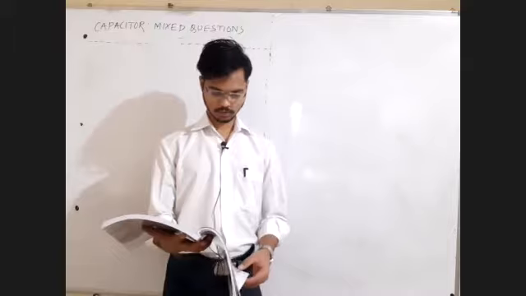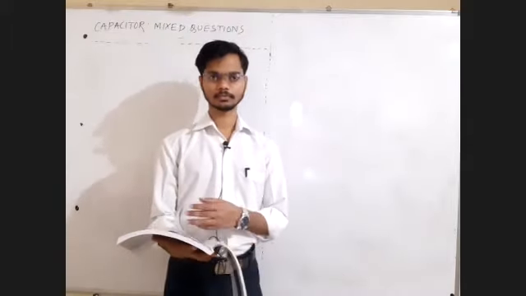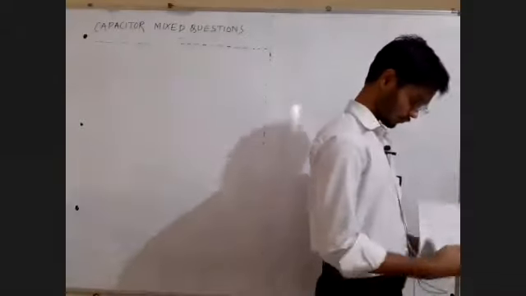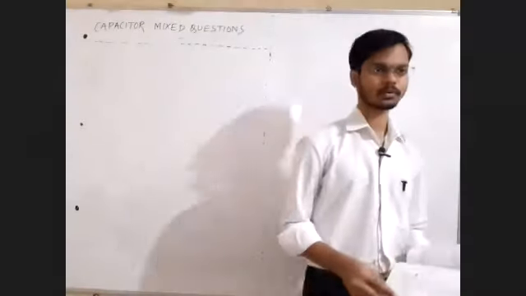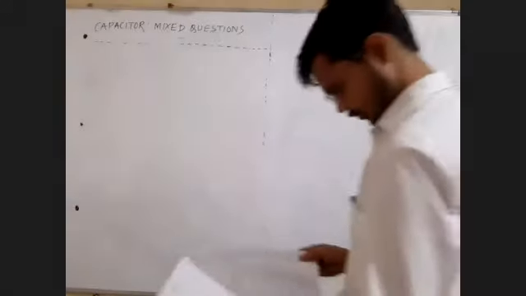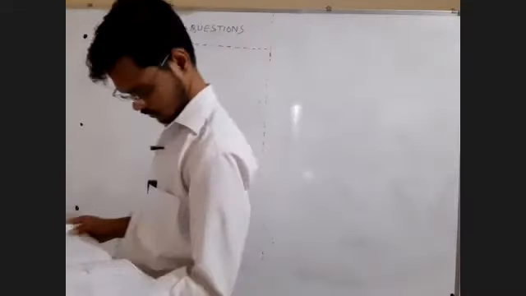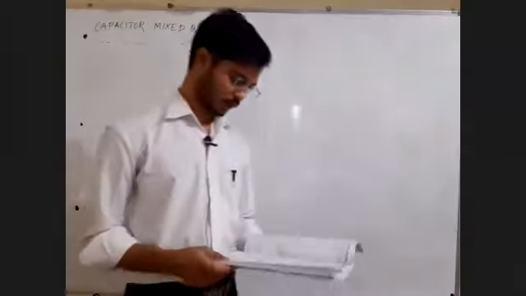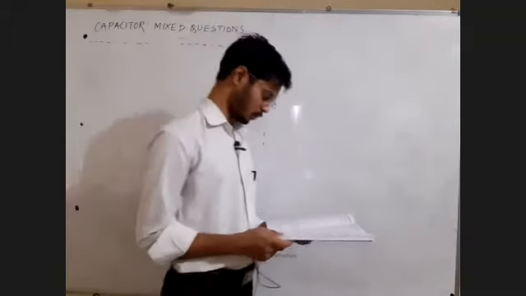Tell me the question number that we solved. 61. That plate wala example, right? 60 we are done. Then that Wheatstone bridge wala example: when to say bridge balance and when to remove the bridge.